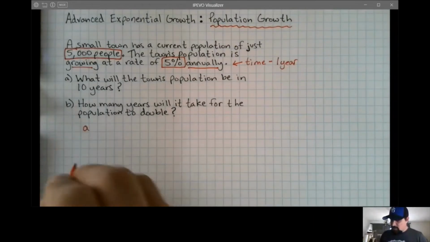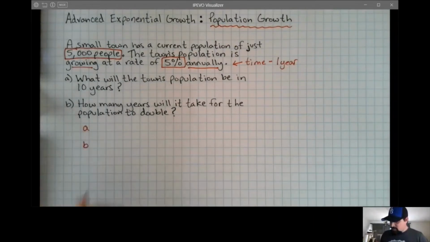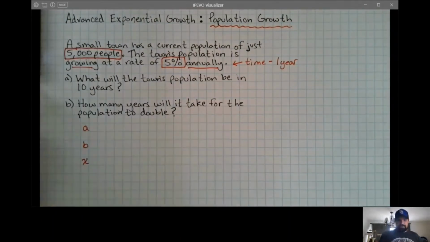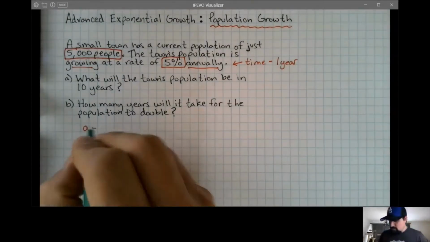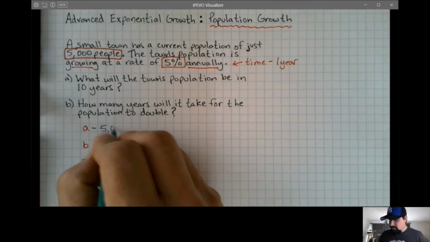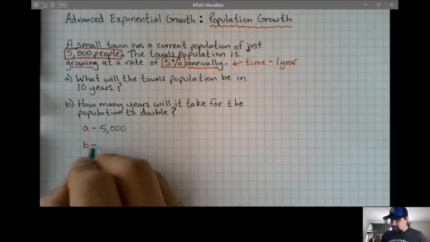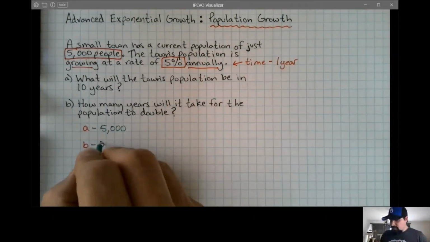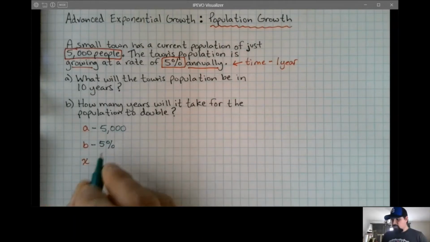We have A, B, and X, those same three variables from our intro. All right, A is 5,000. B is 5%. But remember, I need this as a decimal or a fraction.